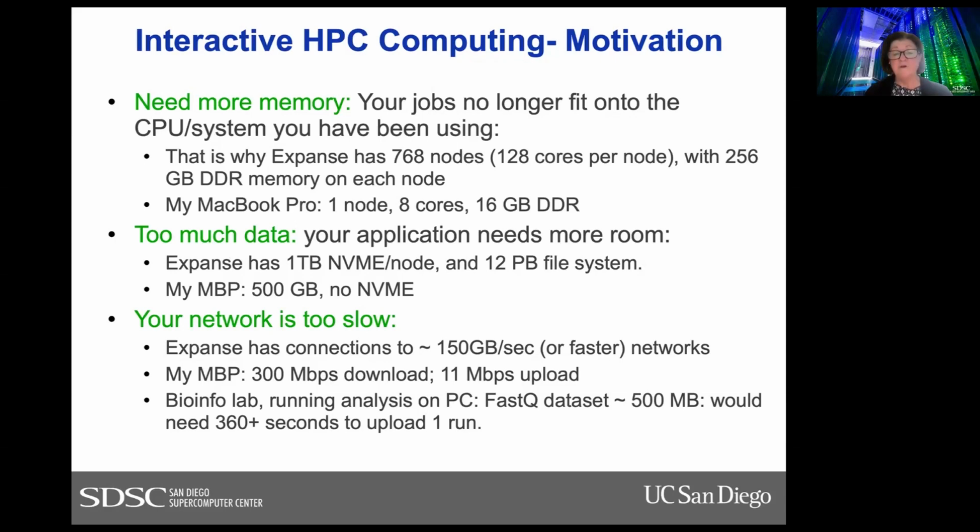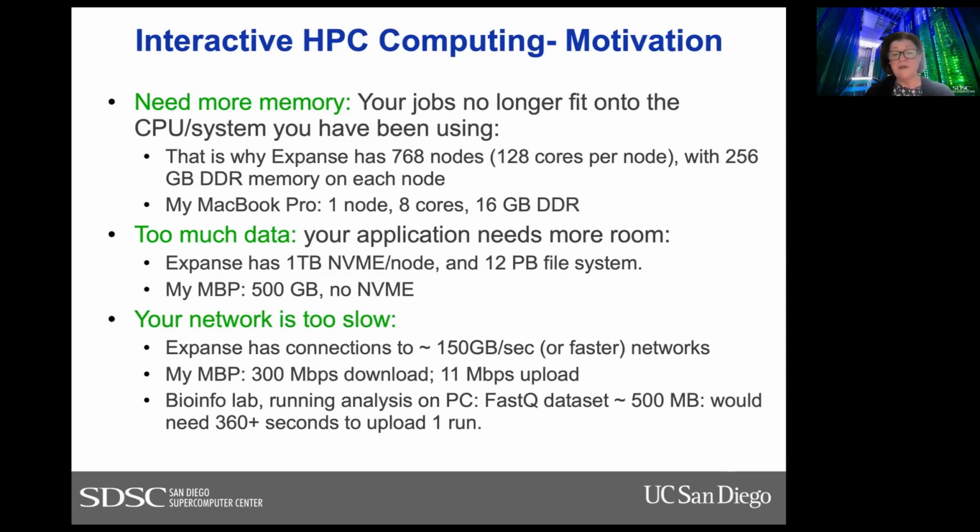My MacBook Pro has one node with 8 cores and 16 gigabytes. So it's much bigger, and getting on there is great. Your code will run, but it is a little complicated. But anyway, if you get a single node, you can interact with your application like you did on your MacBook Pro mostly, but you have more power.